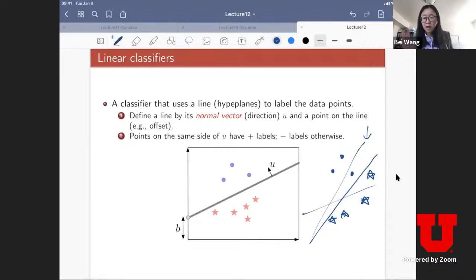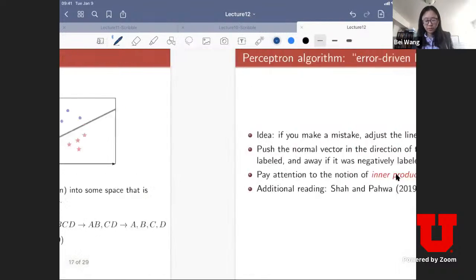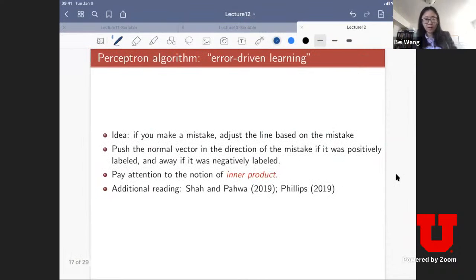Basically, it reduces how many points are wrongly classified. So perceptron is one of those formalizations. The idea is that I start with some random linear separator, and if I make a mistake, I adjust the line based on that mistake, okay?